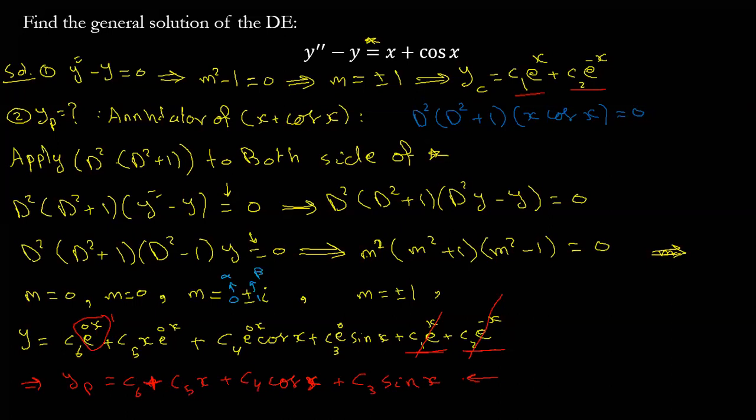How to find the constants? You know that this YP is a solution for your differential equation star, so I'm going to substitute in my differential equation star. Let me rewrite my differential equation and my YP. My differential equation is y double prime minus y equals x plus cosine x.